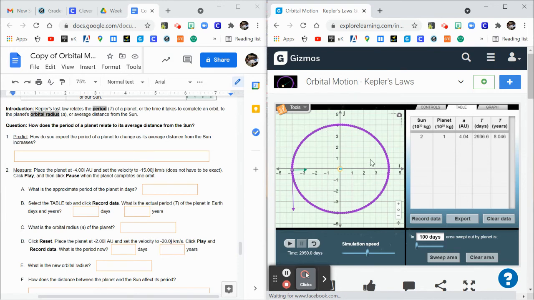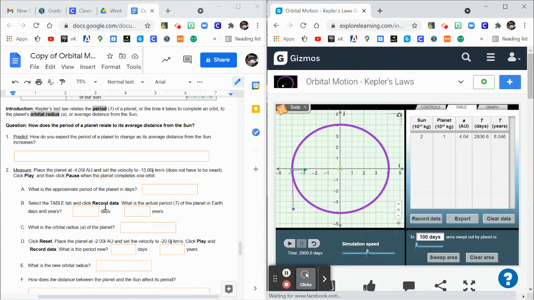So one year over there would be, while they go around the sun once, it would be 8 years for us.